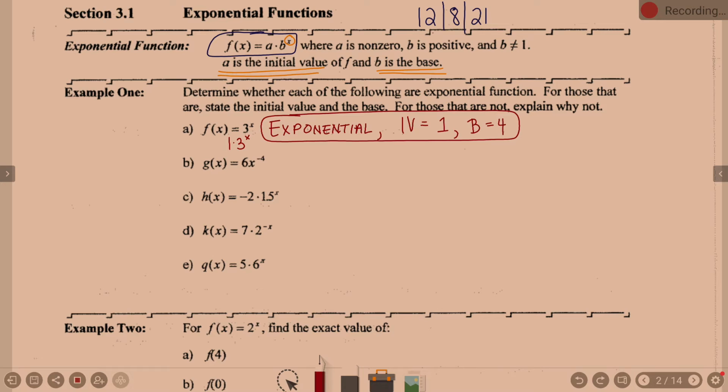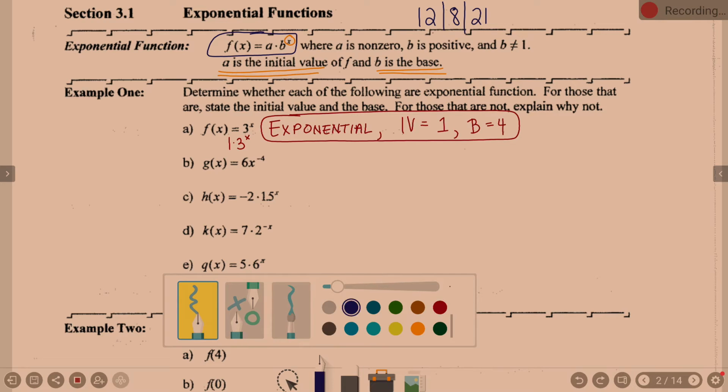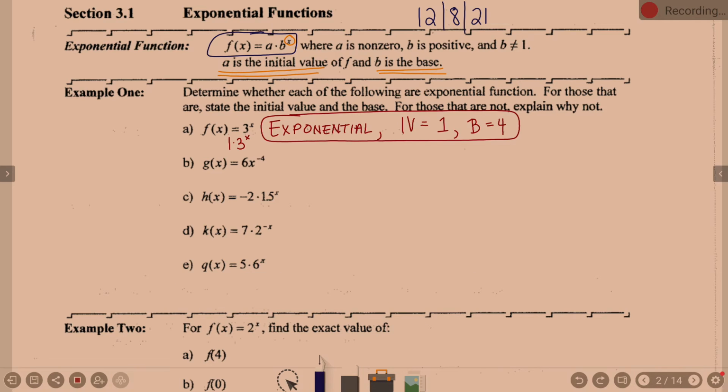Okay, B, g of x equals 6x to the negative 4th. Tori? I'm sorry, but you put B as 4. That is a very valid point. Why is B 4? I got nothing there. That is an issue.